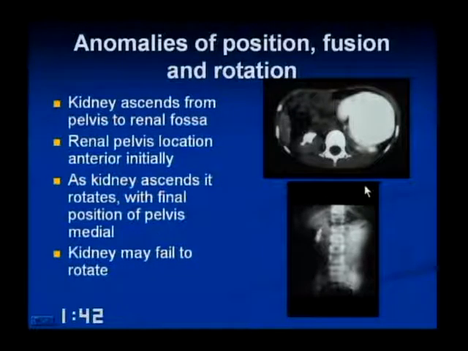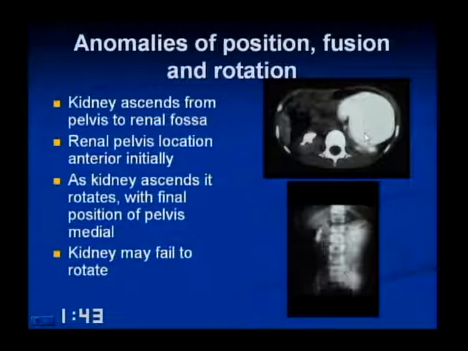And the example that I'm showing you on the right-hand slide, if you look at the CT examination, you can see on this delayed image of the kidneys that the renal pelvis points anteriorly instead of medially.